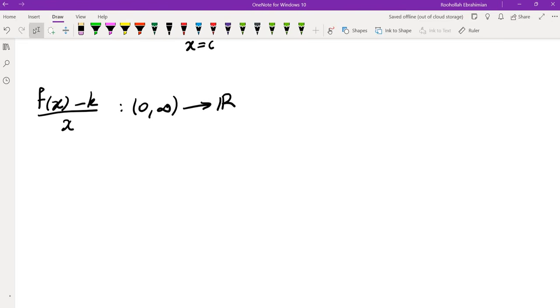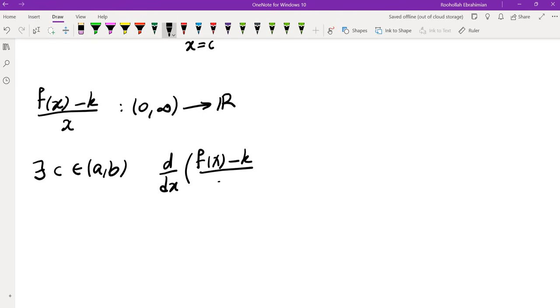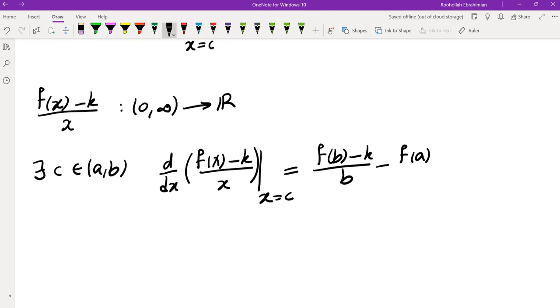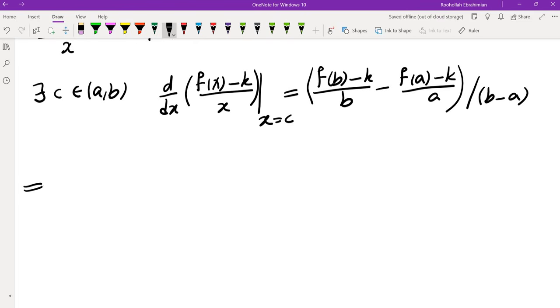So now if you look at this function, there is a c between a and b such that the derivative of this function, f of x over x minus k over x, at x equals c is equal to f of b over b minus k over b minus f of a over a minus k over a, all of that divided by b minus a. Okay, so let's see what we get.